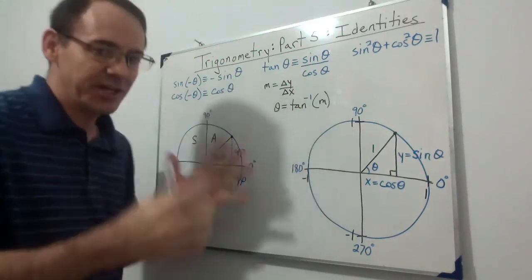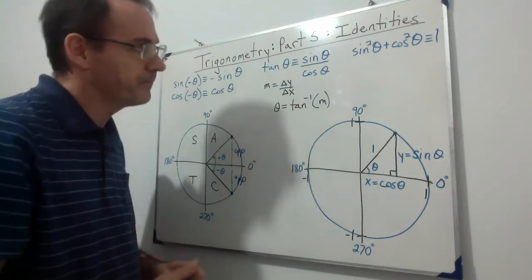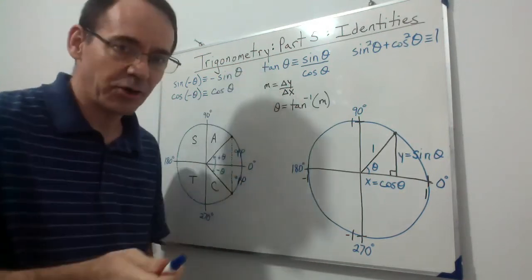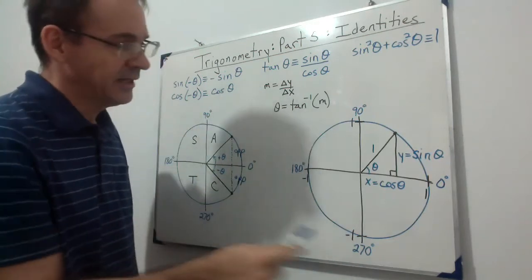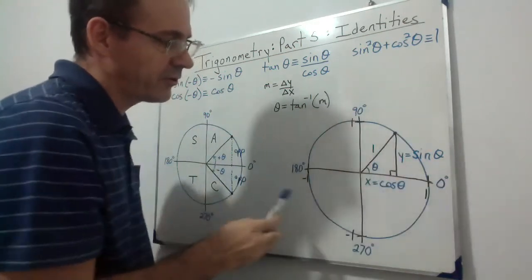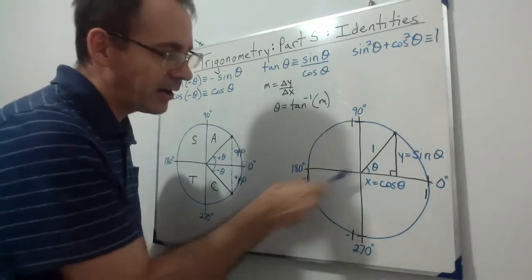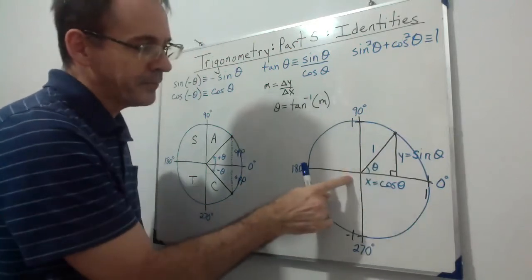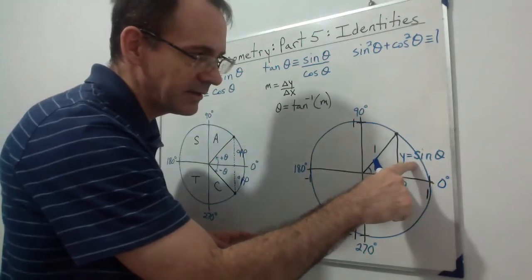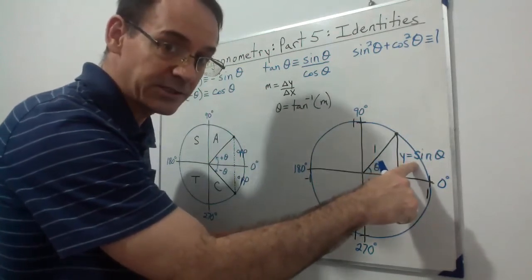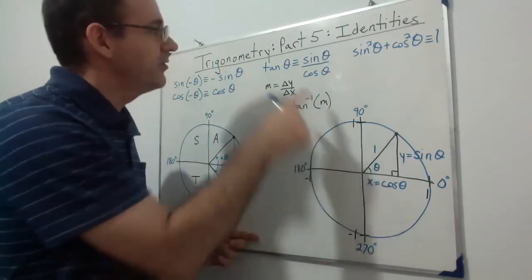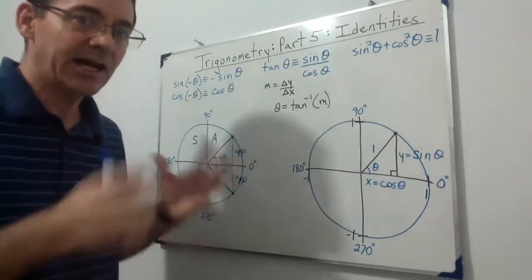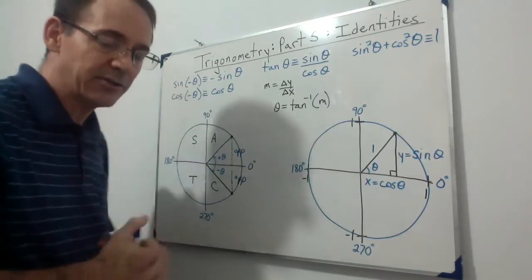So just to review it one more time, tangent is opposite over adjacent. So when we look at this unit circle, from the angle, our point of orientation here, the opposite is the sine function. The adjacent is the cosine function. So tangent is actually a combination of sine and cosine.